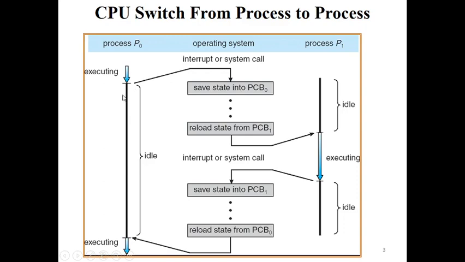At that time, P0 has to be suspended, an interrupt will be generated that will be sensed by the operating system. Based on the interrupt that the operating system has sensed, maybe through a system call or anything else, the operating system will save the current state of the process P0.